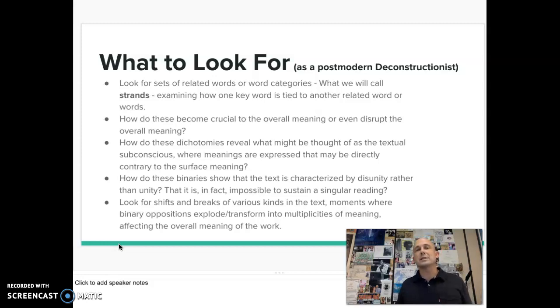So you're going to see these patterns again of these binaries that exist. They're going to show up over and over and over and over again. But think about how maybe the meanings of them shift over the course of the book. Our author gave us some clues to that. Our narrator at the beginning in the prologue talked about invisibility.